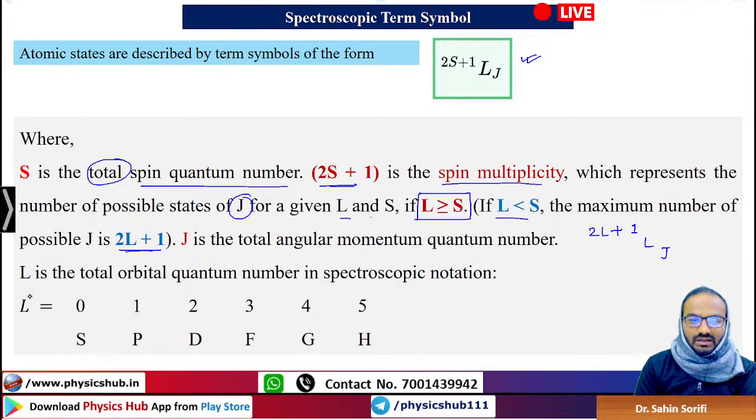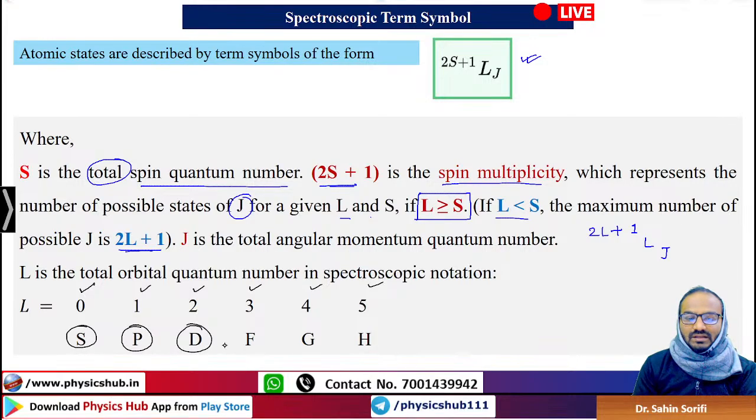Now L is the total orbital quantum number. For the corresponding values 0, 1, 2, 3, 4, 5, we call them S, P, D, F, G, H. No, there is no E. Remember this one. S, P, D, F, G, H, and so on.